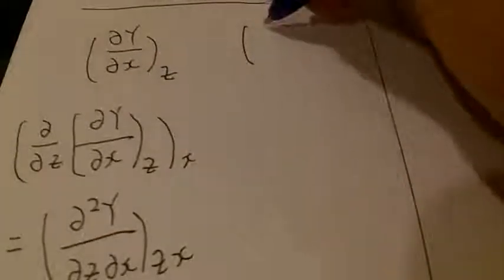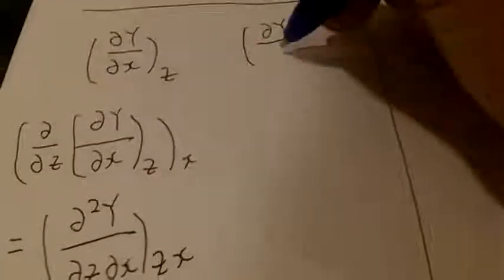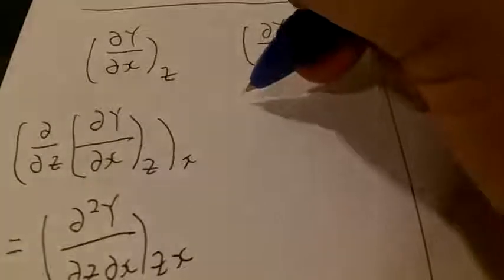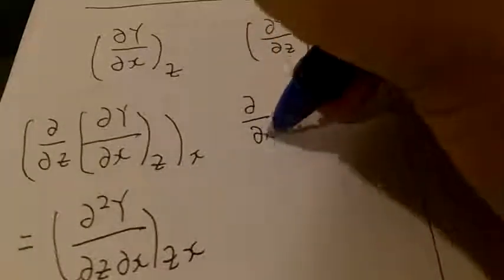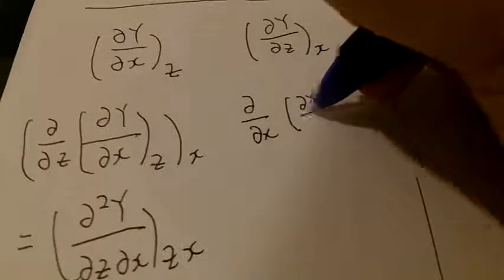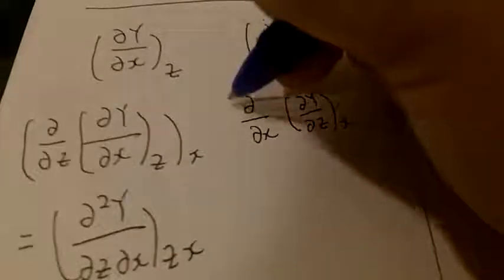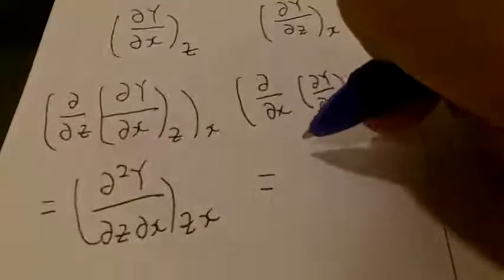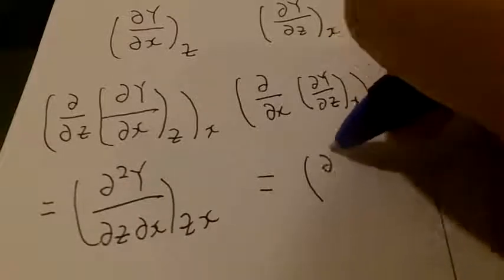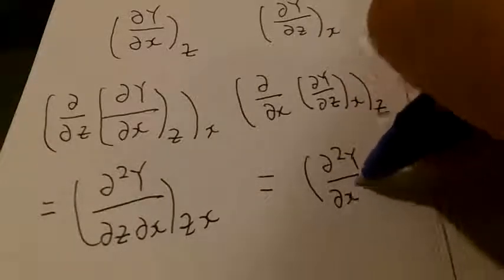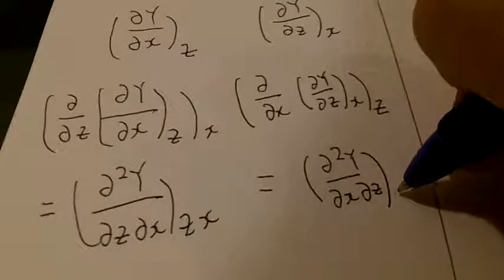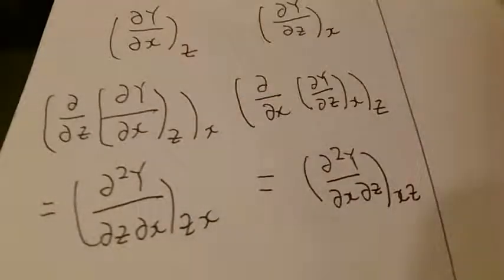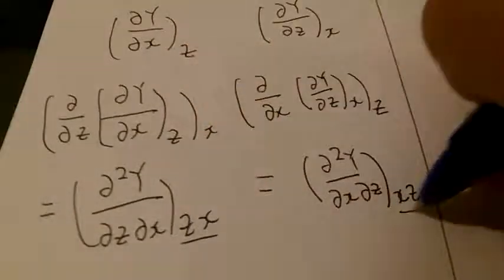Now let's say you have the differential del y del z holding x constant, and you want to differentiate this with respect to x, holding z constant, and you get something like del 2y del x del z. Now holding both constant, these are exactly the same.